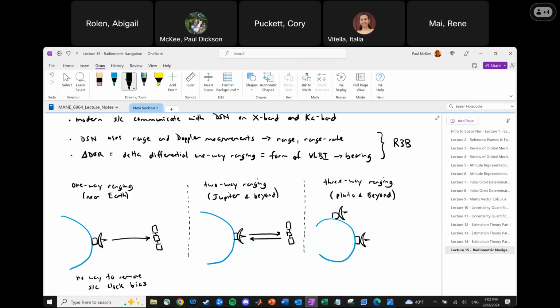So in that case, we would calibrate what we call the turnaround time. We send a signal to the spacecraft and say, respond immediately when you get this. Then we know we sent the signal and received the signal back. We get enough information from the turnaround time. So the spacecraft echoes the signal back to us, and that gives us enough information to remove clock bias.